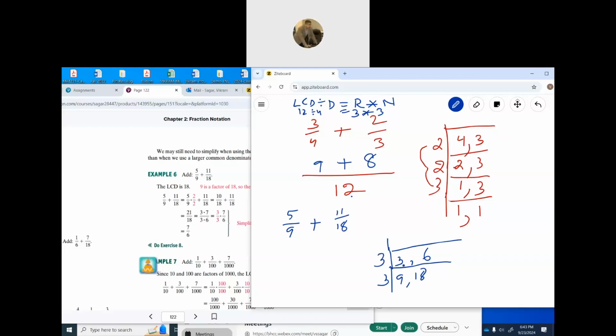So next time again by 3, which is going to be 1, and this is going to be 2 here. We hit the base, and this is a prime number, we could multiply right here, but let's keep going. 2 here, this is already 1, and 2 divided by 2 is 1, that's it. So you multiply here. 3 times 2 is 6. 6 times 3 is 18. Okay, so my LCD is 18, right? This is the way your book is doing, this is the way we learned also, it doesn't matter.